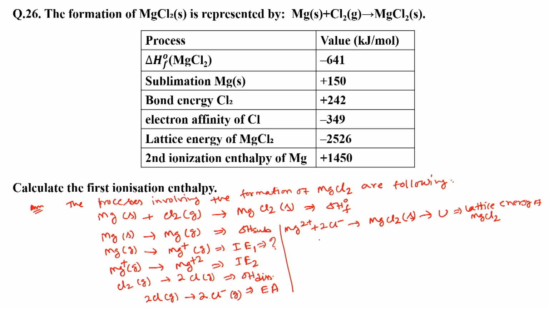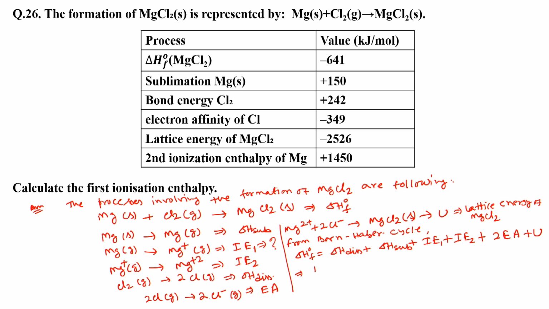Now we substitute all these values. So we know from Born-Haber cycle, delta H naught F is delta H dissociation plus delta H sublimation plus IE1 plus IE2 plus 2EA plus U. So, first we need to calculate IE1.